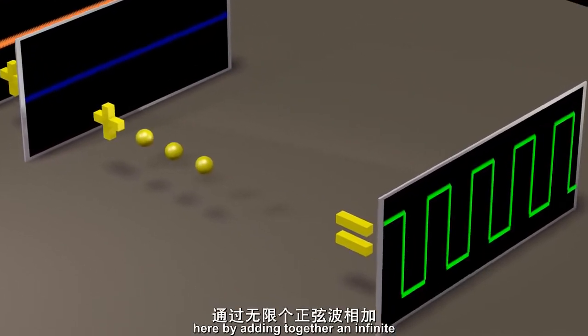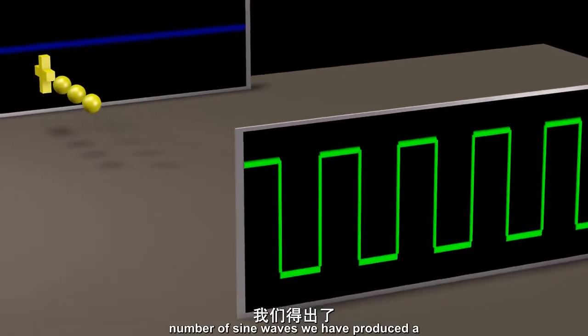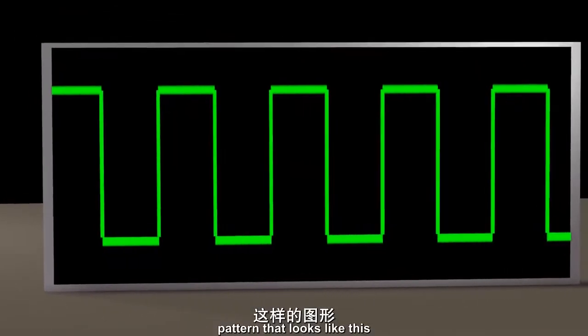Here, by adding together an infinite number of sine waves, we have produced a pattern that looks like this.